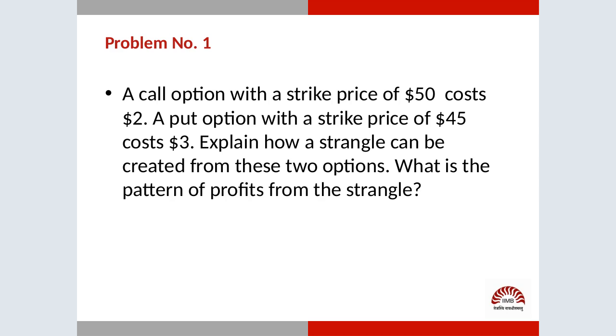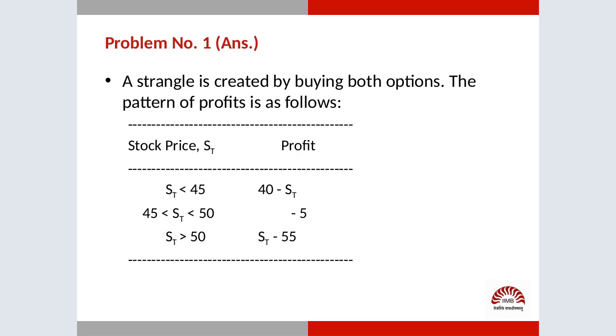So obviously, if the price is below 40 or above 55, you make a profit. Between 40 to 45 and 50 to 55, you make reduced losses. And between 45 to 50, you make a fixed loss of 5. So this is what will happen.